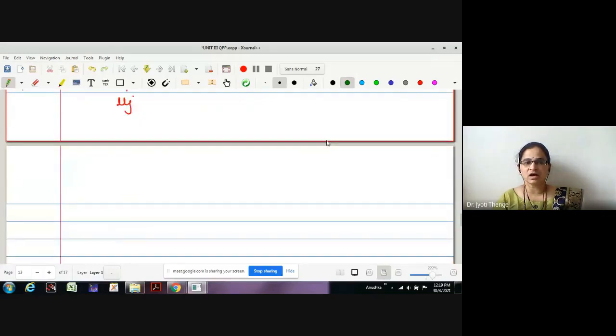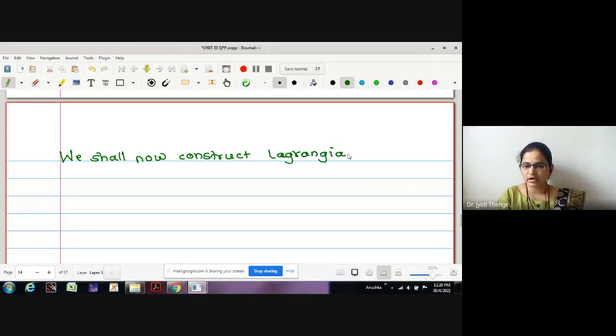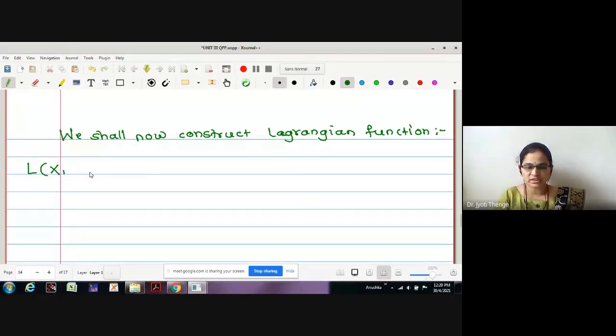Let me construct the Lagrangian function. We shall now construct the Lagrangian function. Let me write the Lagrangian function in terms of vectors. Let x be the vector corresponding to original variables.